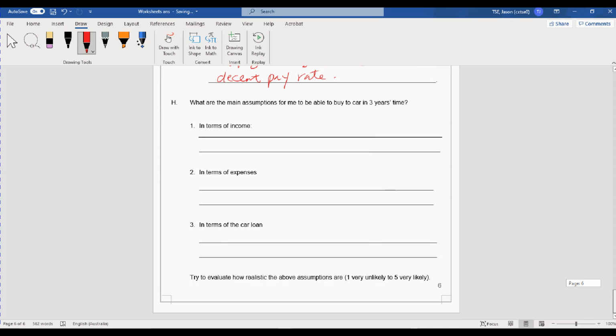What are the main assumptions for me to be able to buy a car in 3 years' time? First of all, in terms of income, I need to go back to see your income. One assumption is, of course, you can keep the current job, or for some of you, you might need to find a new job. It's different for everyone.